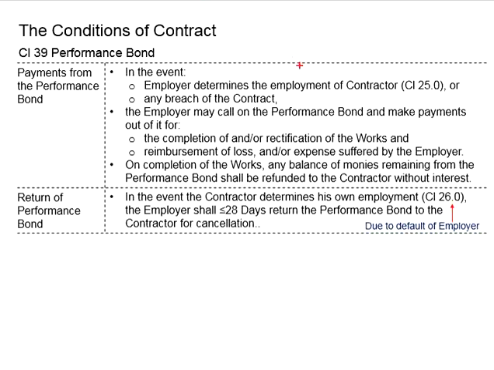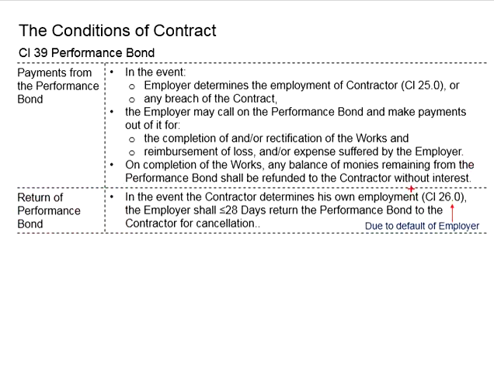It is basically used to complete the pending works or to rectify the substandard work or rectify the damage and defect, and even to salvage the loss and expenses suffered by the employer. Now when there is a balance from the performance bond, this shall be fully refunded back to the contractor without any interest.